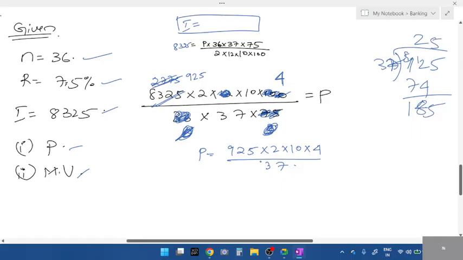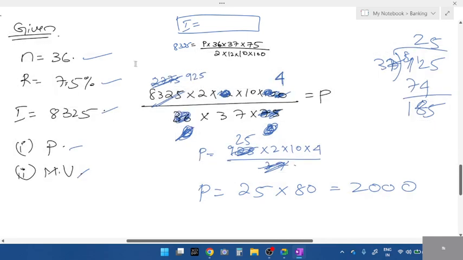So you get 25. Which one do I cancel? This one. 37 goes 25 times. So principal is equal to 25 into 4 twos are 8, 8 into 10 is 80. Yes, now we are getting 2000. See, even I've gone wrong. So be careful while calculating, students. Principal is equal to 2000.